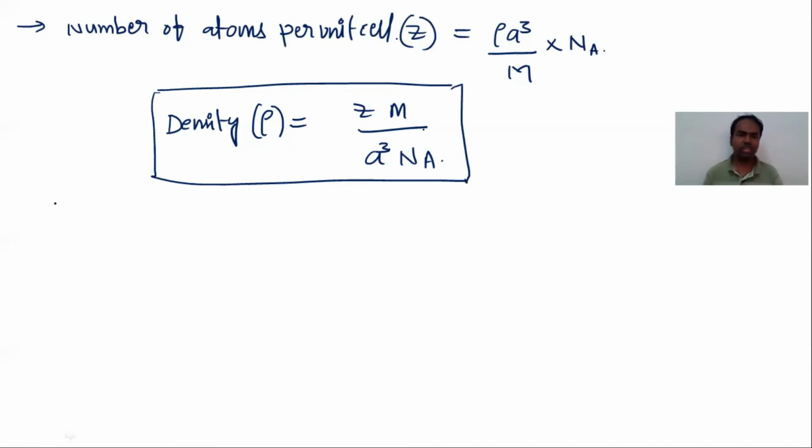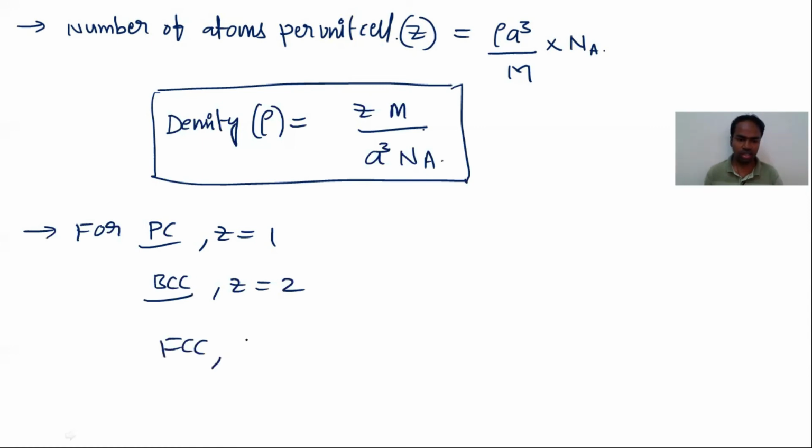If you apply the density formula to different unit cells in a cubic crystal system, Z for PC is equal to 1, for BCC it is 2, for FCC it is 4. So instead of Z you can put 1 for PC, 2 for BCC, 4 for FCC. So this is about density of a unit cell or density of solid.